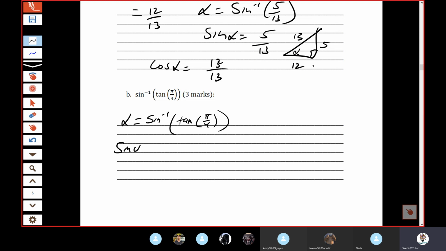Then you get sine alpha equals tan 45, which is 1. If sine alpha is 1, then alpha is 90 degrees.